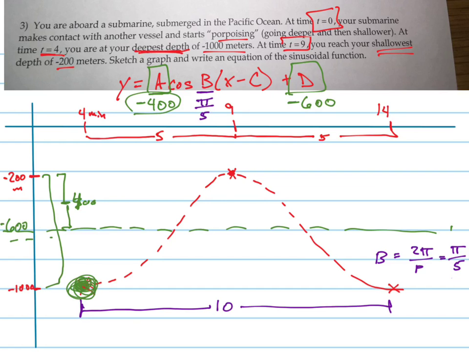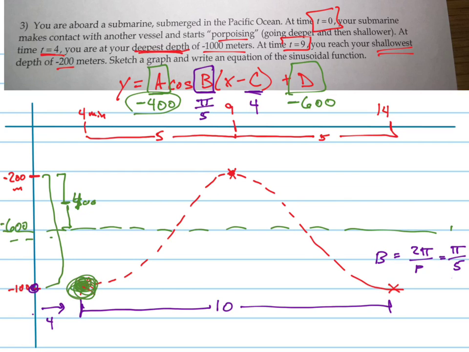Pi over 5 is my B value. And then C, notice that I shifted. Normally I would have started on the y-axis, but I didn't start there. I shifted over 4 time units, which means I went to the right 4, so C equals 4.